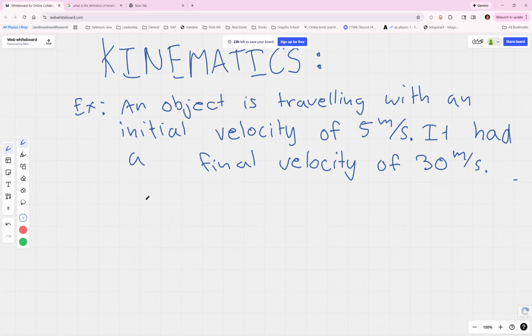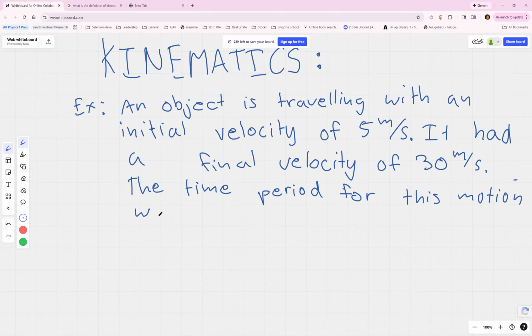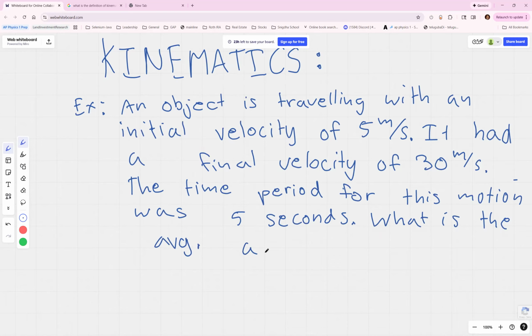And the time period for this motion was, let's say, 5 seconds. What is the average acceleration? Okay, so this is going to be our example problem.